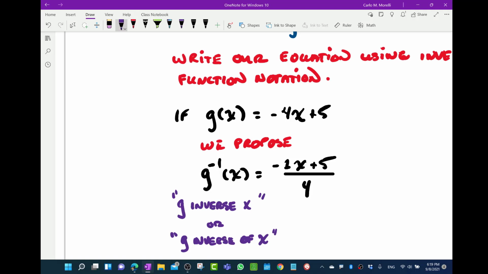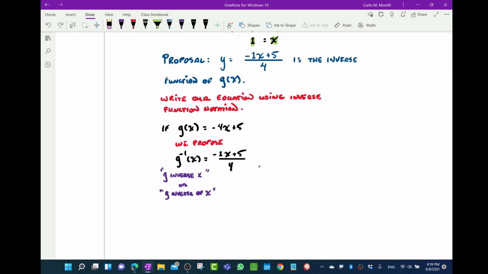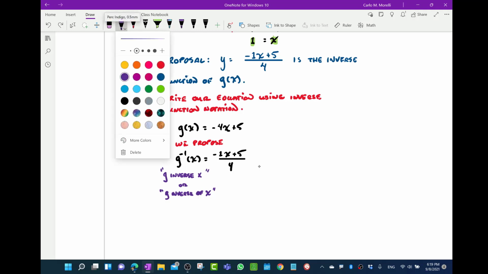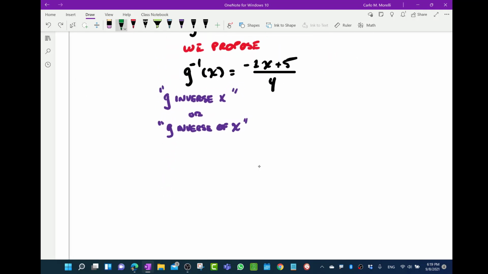Now you're about to find out why I keep using this form of the equation instead of the slope-intercept form of the equation of the line. Okay, because now we're going to move on to validation. Validation is a big deal when you're dealing with inverse functions. So let's move on now to validation.